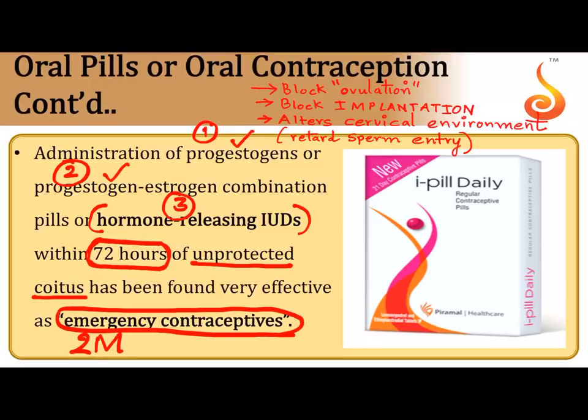And that's why it blocks conception. Did you understand? So these are the mechanisms of action of oral contraceptives, which are called emergency contraceptives, consumed within 72 hours of unprotected coitus.